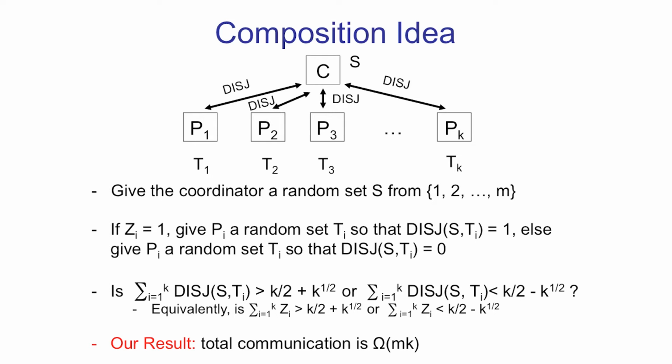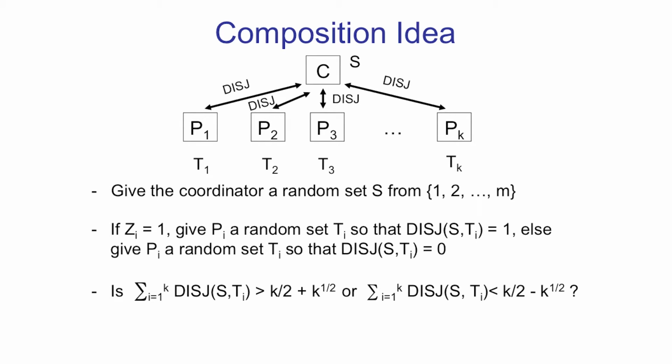We said, in our mind, we're going to generate k random bits, zi's. These were the inputs to some gap threshold. If zi is 1, then we give player Pi a random set Ti which intersects the set S. And if it's 0, then we give it something that doesn't intersect.